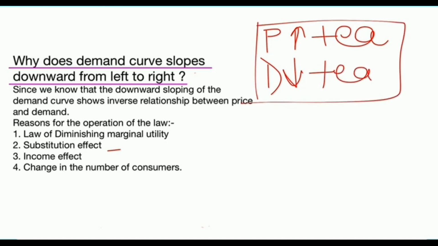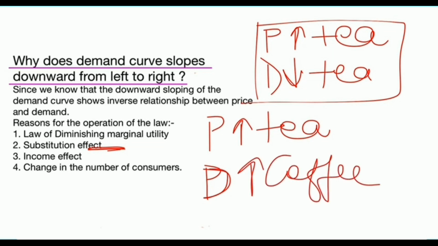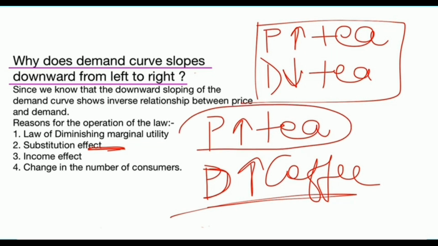But in the substitution effect, when the price of tea increases, the demand for coffee increases, whether the price of coffee is the same or not, and the demand for tea decreases. So this is what the substitution effect says.